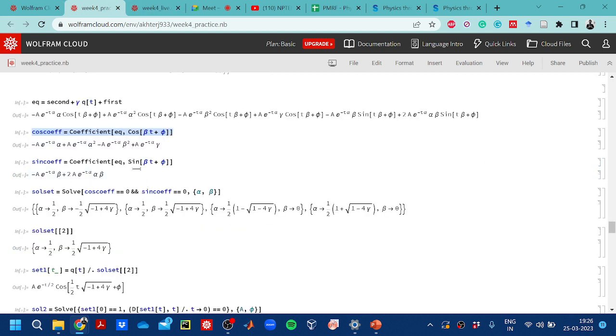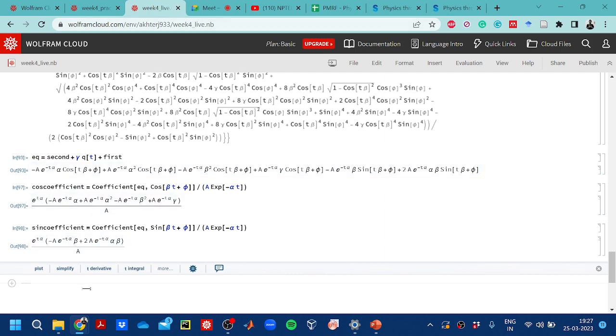Once we collect the coefficients, now what do we want to do? We want to get the solution when both the coefficients are 0: the coefficient of cosine is 0 and the coefficient of sine is 0. So we have to solve the equations when both are simultaneously 0 for alpha and beta. For that we have to write down this command. I'm just copy pasting it.